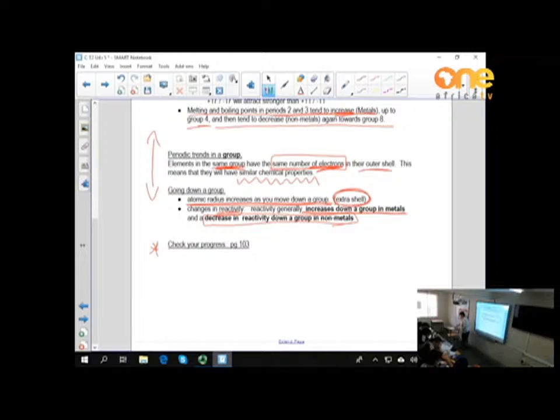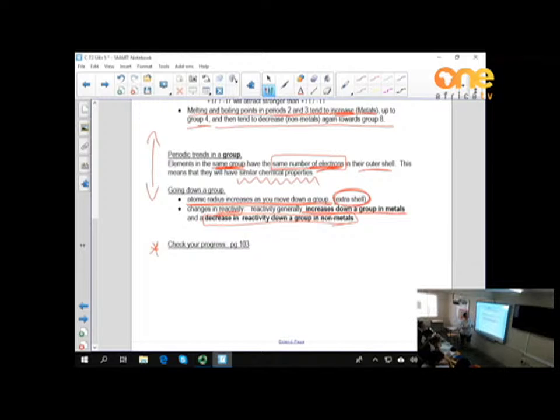And then they say from phosphorus to chlorine, in other words, between the metals and then the non-metals. So among the non-metals, what do we know about the reactivity? No, the reactivity increases. And then the melting point tends to decrease.